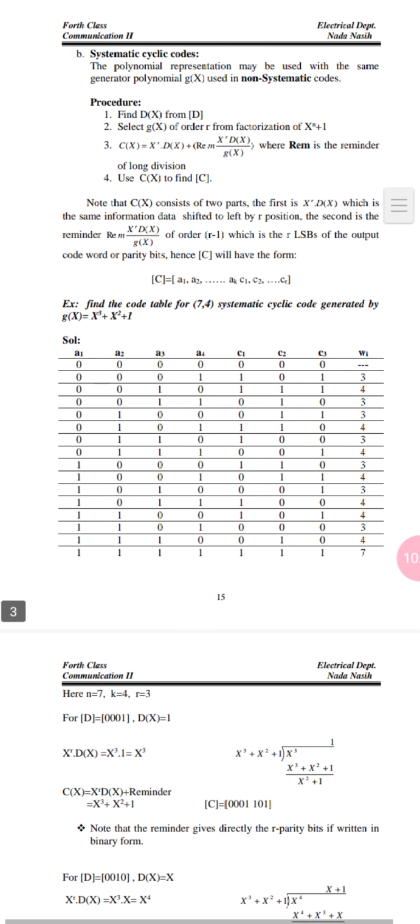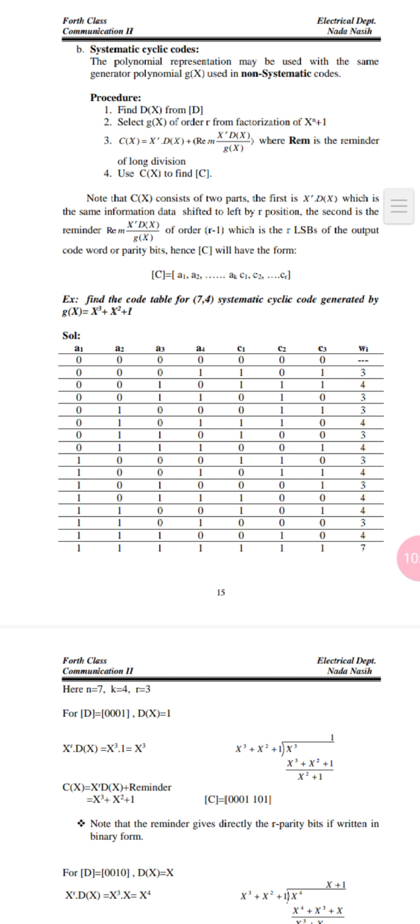Next is the systematic cyclic code. The polynomial representation may be used with the same generator polynomial g of x used in the non-systematic code as discussed earlier. The same polynomial representation is used in the systematic cyclic code.